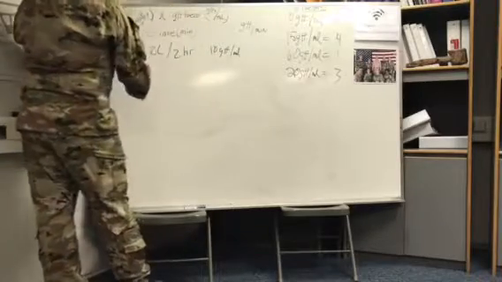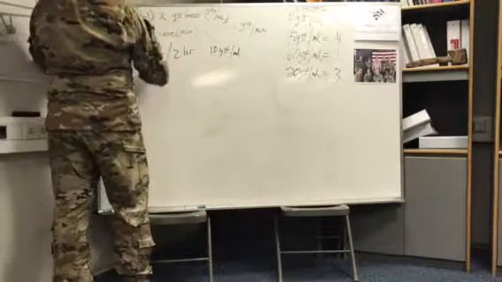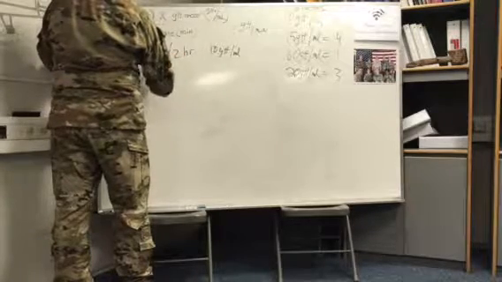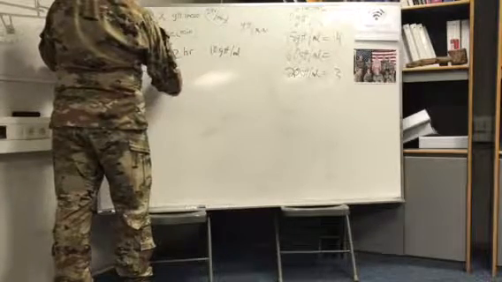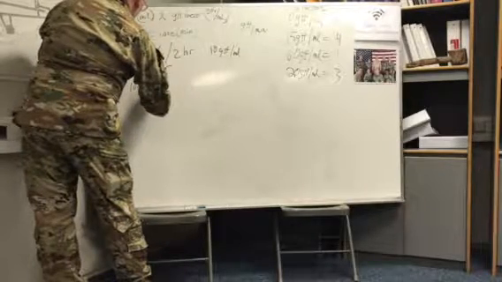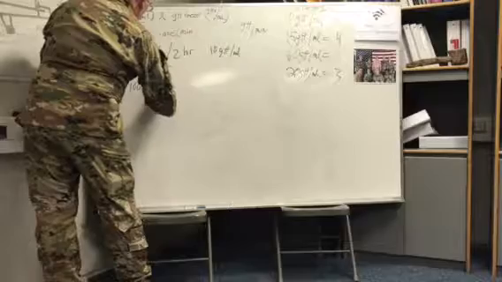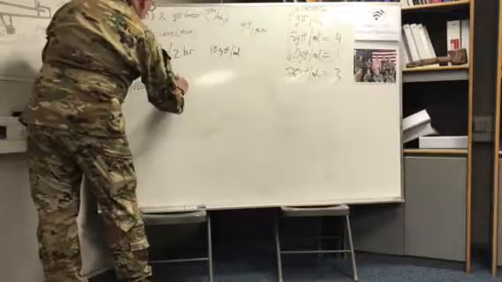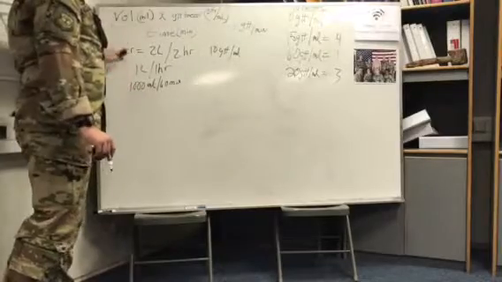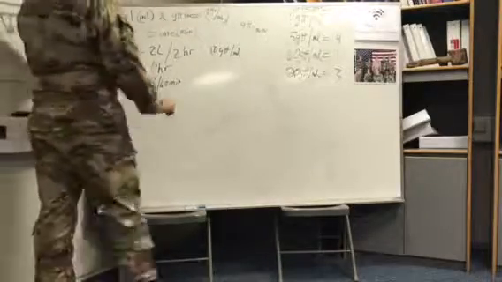Okay. So we need to set this up as in, I want how much to be infused over 1 hour. That's 1 liter over 1 hour. And that's 1,000 milliliters, 60 minutes. So that's the stuff I have to do before I even start plugging it into my formula.